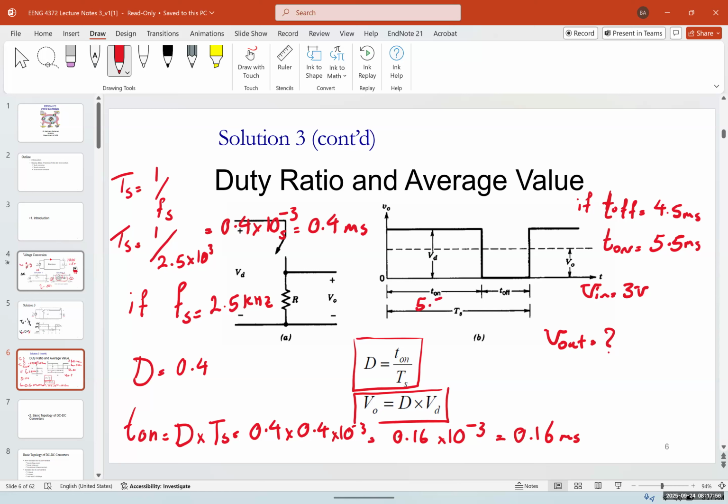So again, this is 5.5, this is 4.5, and Vd is 3 volts. We want to find the average voltage, the V out.